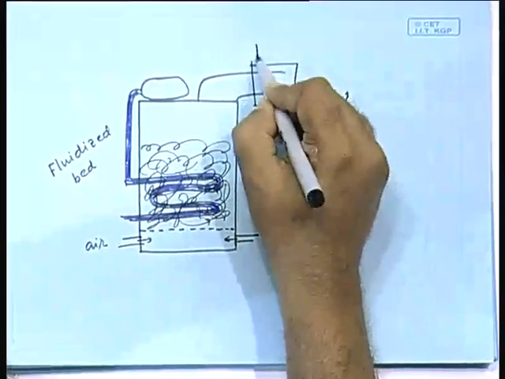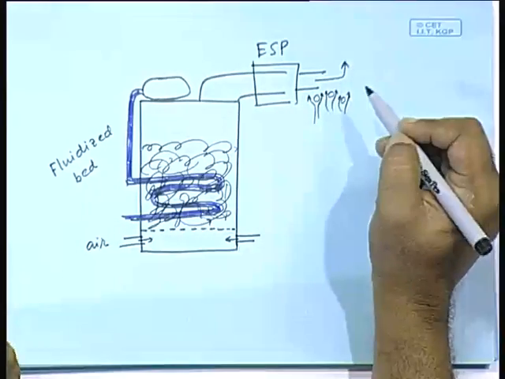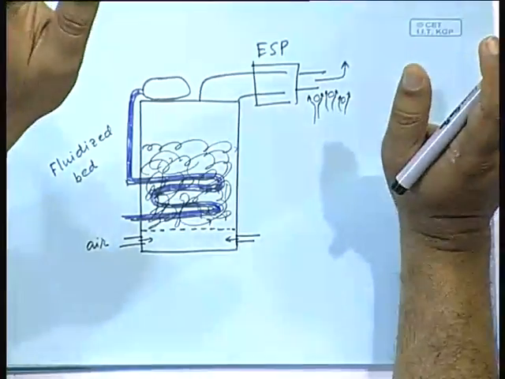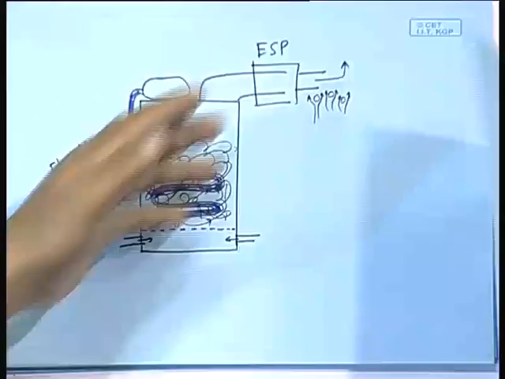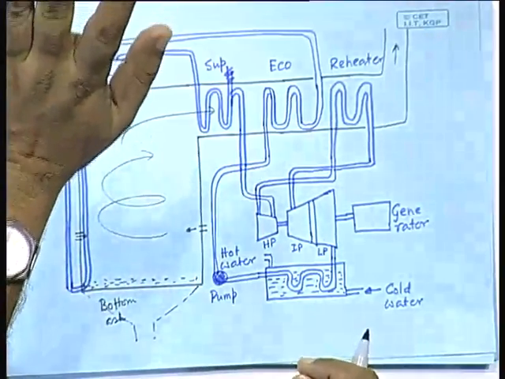So at that stage, if here you have the electrostatic precipitator, then what goes out is a very clean gaseous fuel obtained out of coal, right? Now after that you can have the same stage in a very clean way.